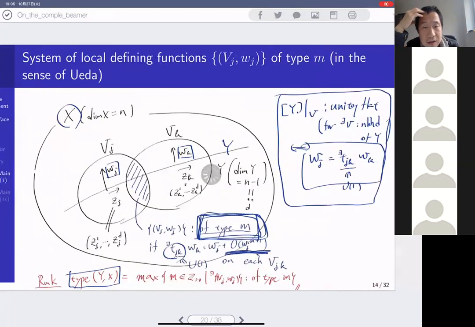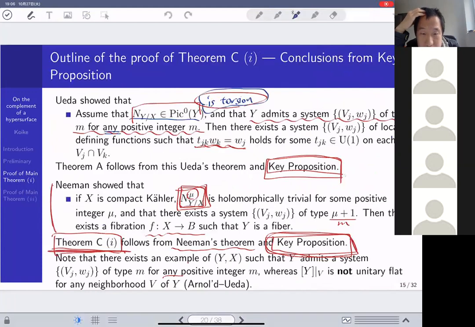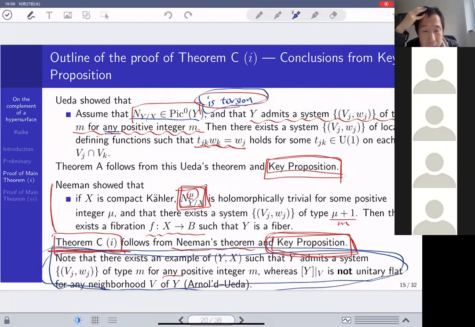I mean, this one, I guess. You have already explained it. Actually, as you said, we could linearize the transition function of local defining functions in each order jet.